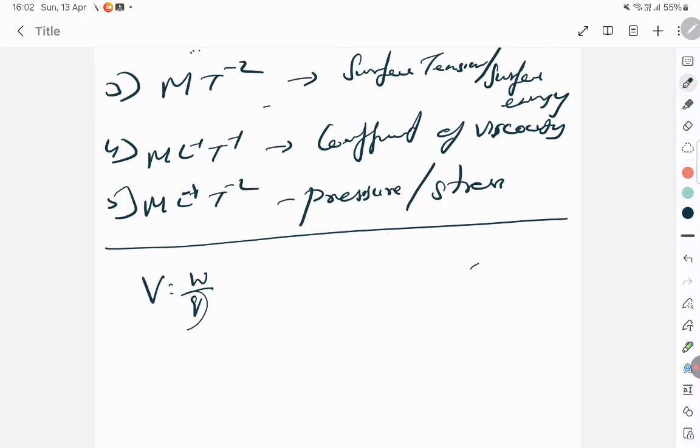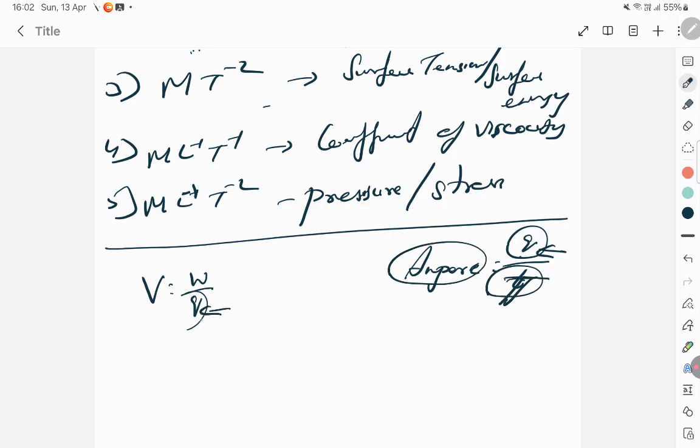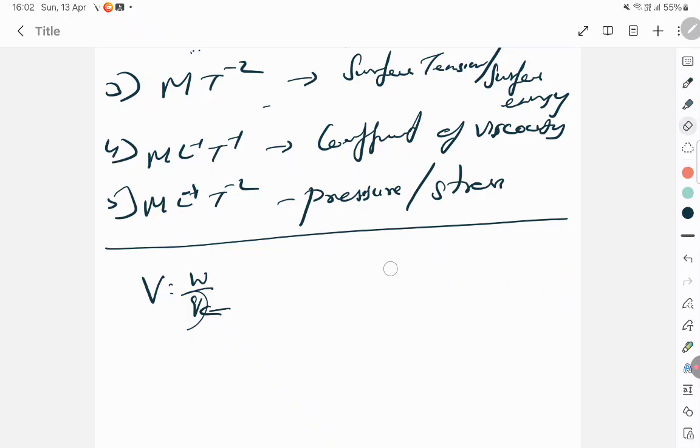I didn't teach you the dimensional formula for Q, but current is just ampere, and current ampere is equal to Q by T. So if you want the dimensional formula for Q, you should multiply ampere into time. There is no direct dimensional formula for charge. You know, the SI unit of charge is coulomb, but however, the dimensional formula is ampere into time.